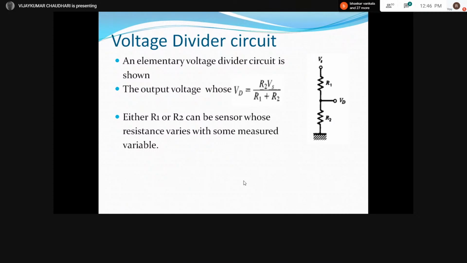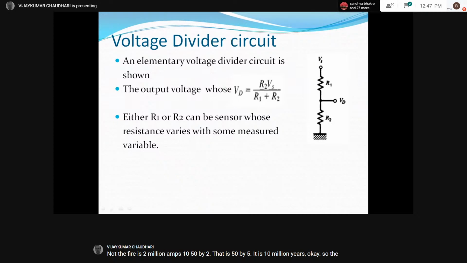The load is such that it requires 50 milliamperes, suppose, and the amplifier current gain is say 5. So the input current to the amplifier is 50 by 5, that is 10 milliamperes.